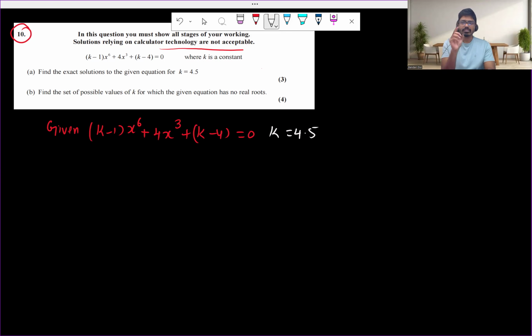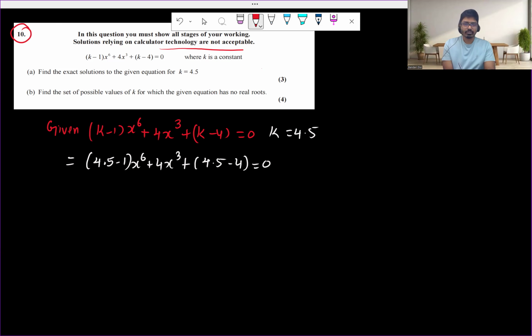So it is going to be (4.5 minus 1)x raised to 6 plus 4x cubed plus 4.5 minus 4 is equivalent to 0. I just substituted the value of k as 4.5.